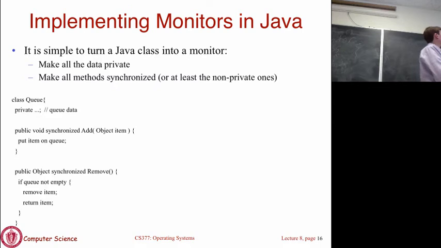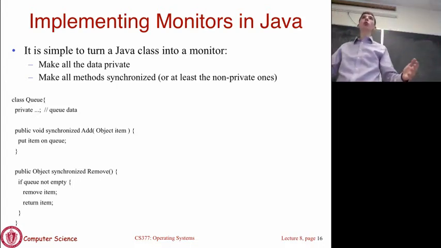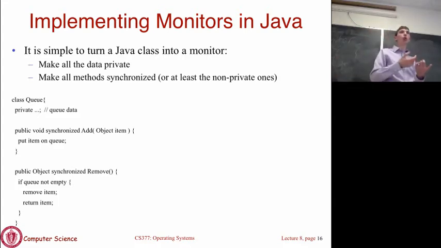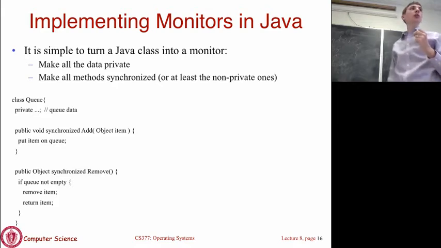So in Java, when you want to make something a monitor, we want these add and remove to have mutual exclusion because we don't want two things to be adding at the same time, or add and remove to be happening at the same time, because they're both operating on that shared queue data structure. So all you have to do is add the synchronized keyword. When we're saying these methods are synchronized, Java is actually using a lock.